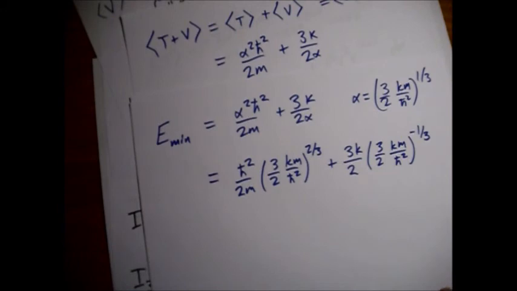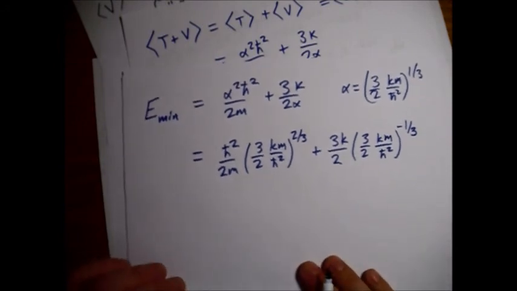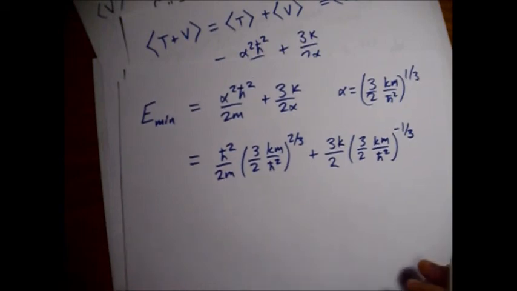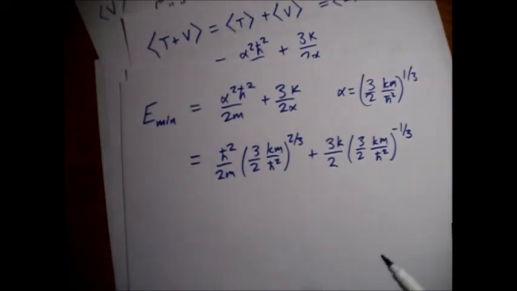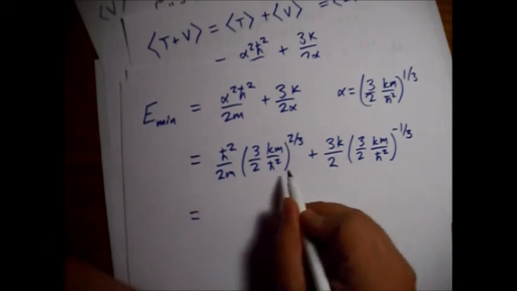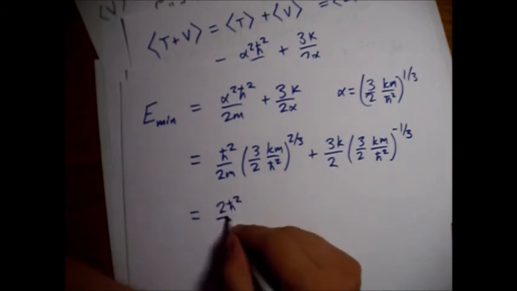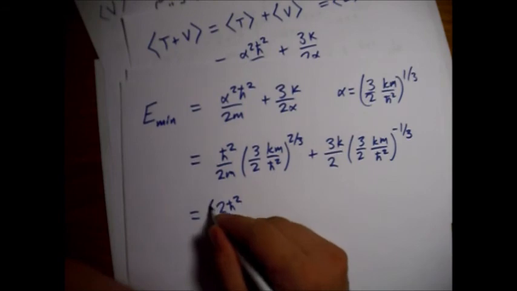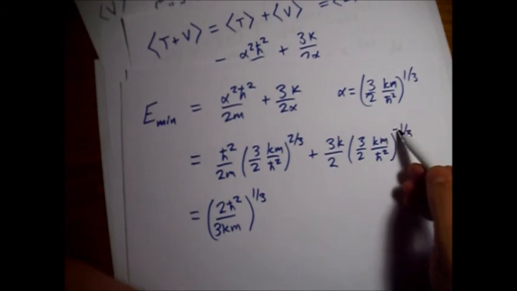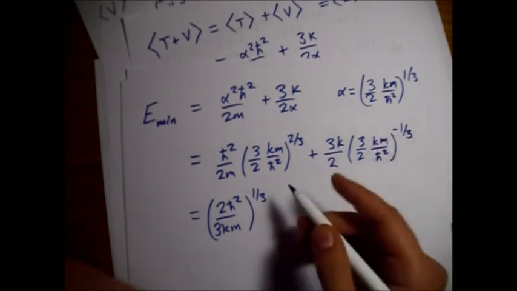Is there any way to make this pretty? Let's see. All right, so it looks like a good way to do this is actually to factor out a 2 h bar squared over 3 km to the 1/3, which if I didn't have this minus sign up here and had it flipped, that's what that would be.